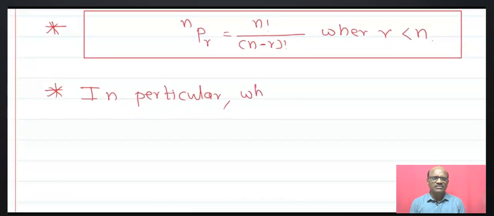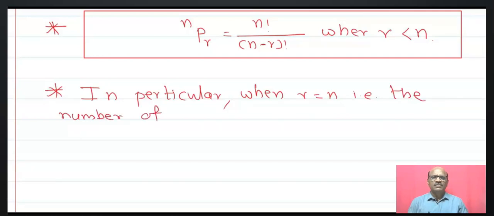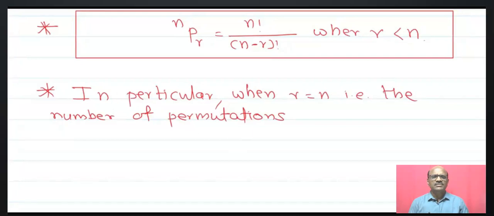In particular, when r is equal to n, that is, there are n objects and we are taking all n objects from that, the formula can be written with r equal to n.